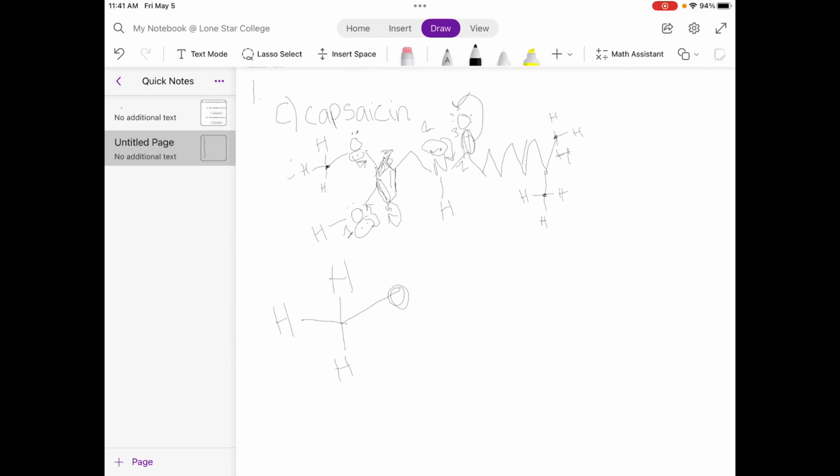Oxygen. So this does not have 2 lone pairs anymore. It only has 1 because this has a pi bond because of the resonance.